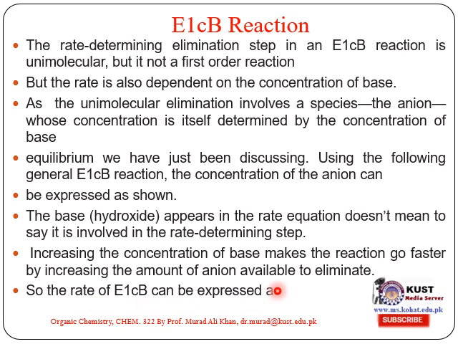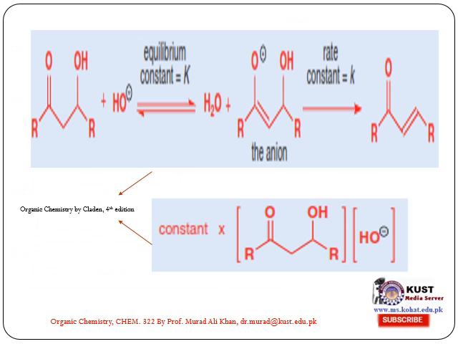So the rate of E1cB can be expressed like this one. And this is the rate of the E1cB: a rate constant times the concentration of the substrate and the concentration of the base.